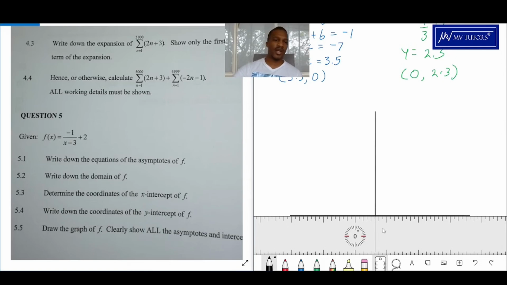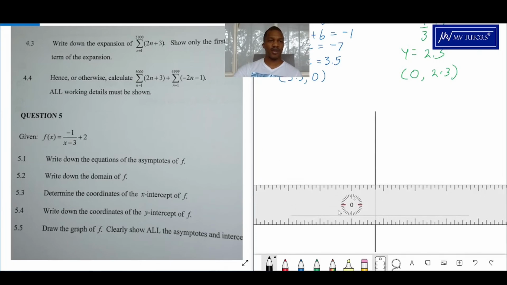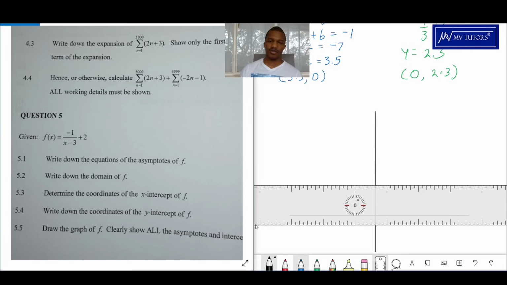Okay, cool. Now what do we want? The next thing that we should put really is our asymptotes. The first one, the y is 2, so let's say 2 is somewhere up there. I'll use a different color. Okay, so that's our asymptote at 2.